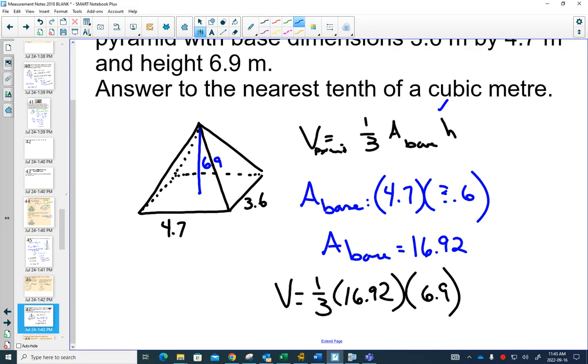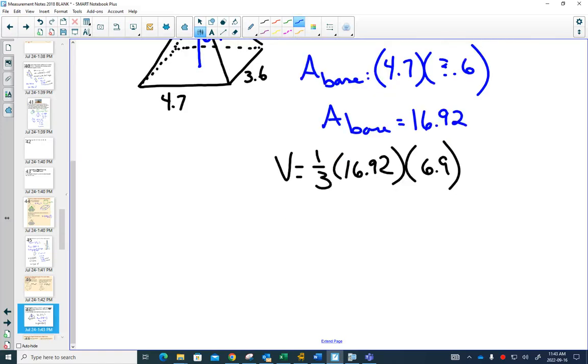Type that into my calculator. 38.916. I can use an equal sign because I have not rounded. That is exact to every single decimal place.